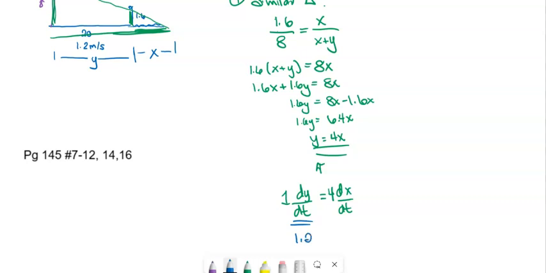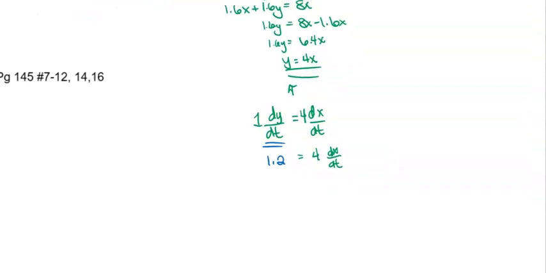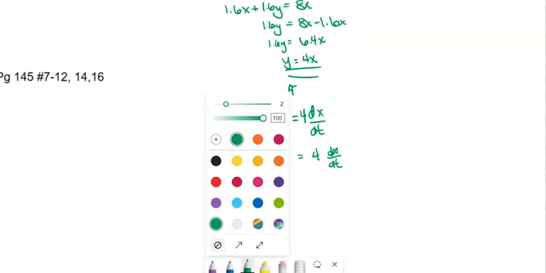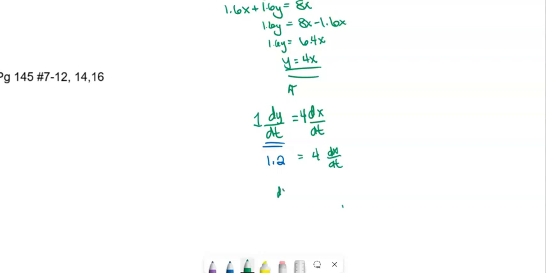So this is 1.2 meters per second. 4 times the derivative of x with respect to time is what I'm solving for. Now I can just rearrange to solve and see that the derivative of x, the rate of change of the shadow length, is 1.2 divided by 4, or 0.3 meters per second.